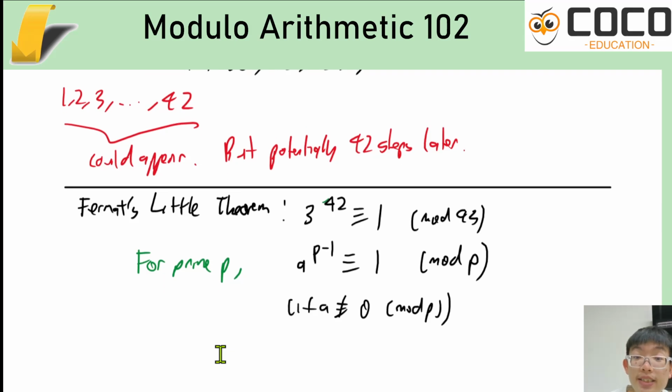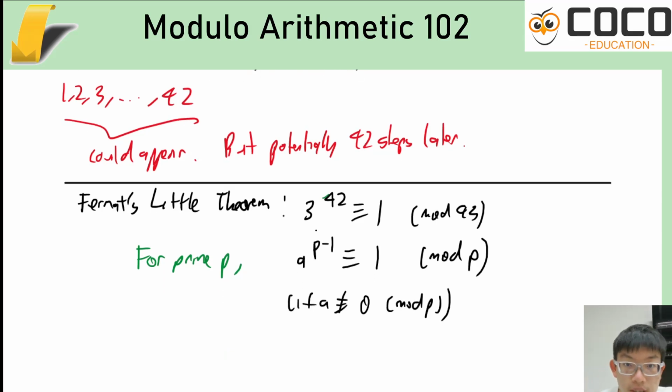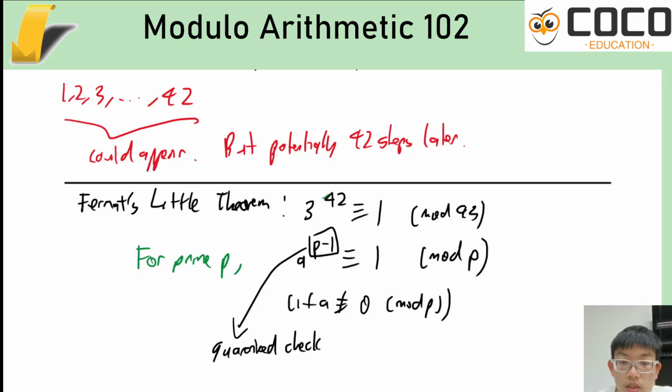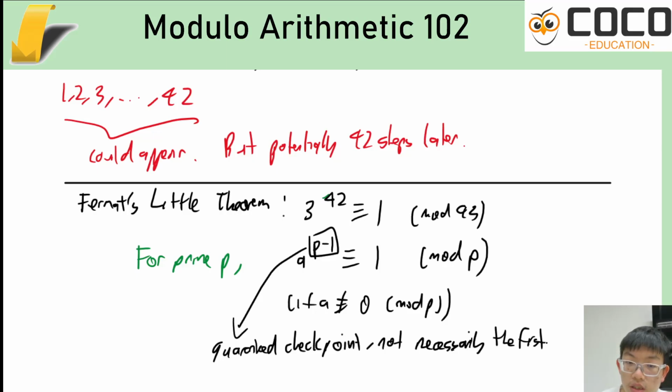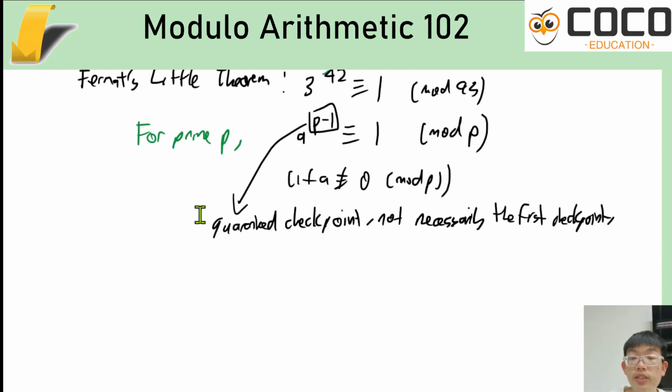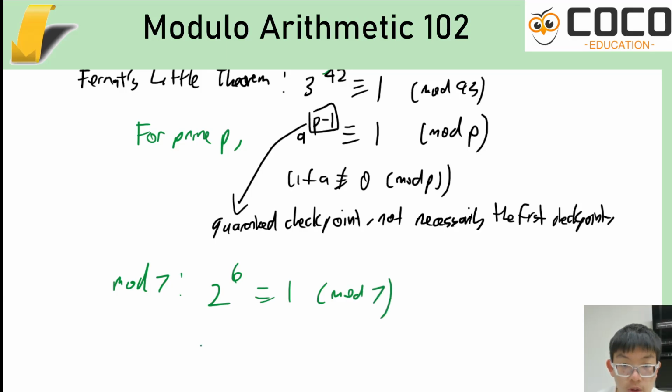Now, Fermat is telling us that this is a checkpoint. It is a guaranteed checkpoint. It is not necessarily the first. This is important to distinguish, because, for example, Fermat's little theorem will tell you that if I'm doing mod 7, 2 to the power of 6 is 1 mod 7, which is true.